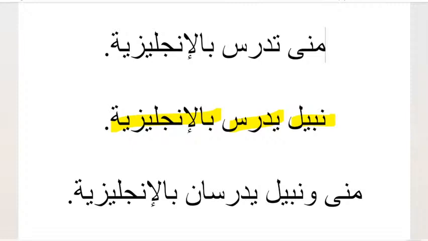So as you see, we have the same object, بالإنجليزية, but the verb is different. As we've seen before, it starts with a ya instead of ta. So again, the verb is يدرس, the present tense with the third person singular, هو, masculine. This is why it starts with ya instead of ta, as we've seen in the first sentence.